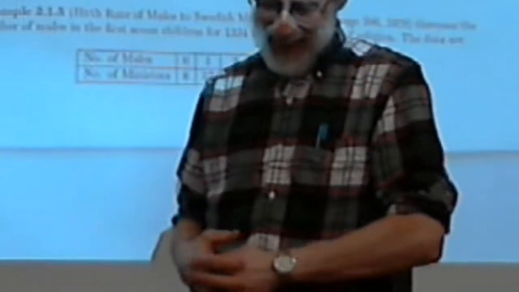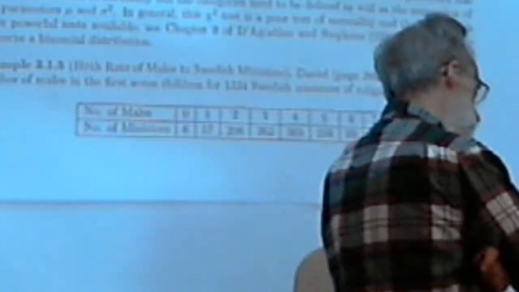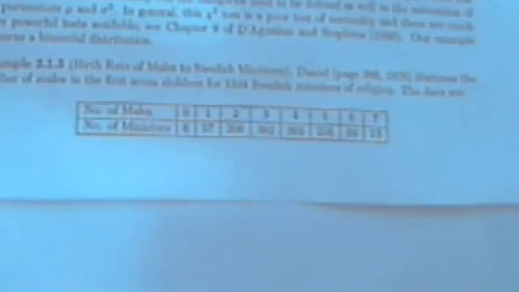So here, the form might be the thing of interest, and the form would be binomial. Each child is a trial, either a boy or a girl, and we have 7 trials. They must have 7 kids to get into the experiment.